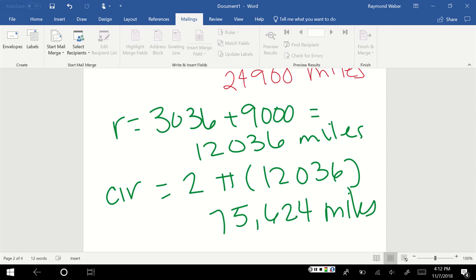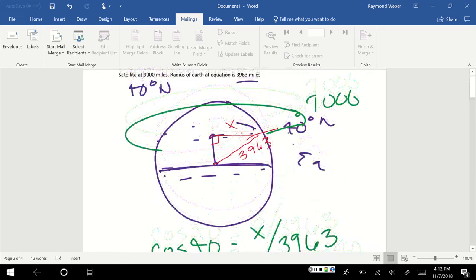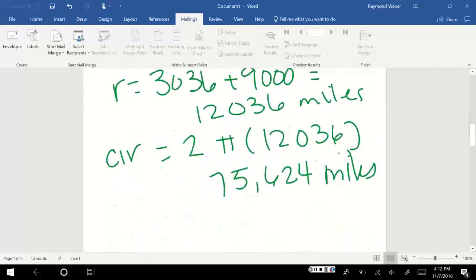So one orbit of this satellite at 40 degrees north, that's 9,000 miles up, is 75,624 miles. And so that gives me the distance it travels around once on my circumference.